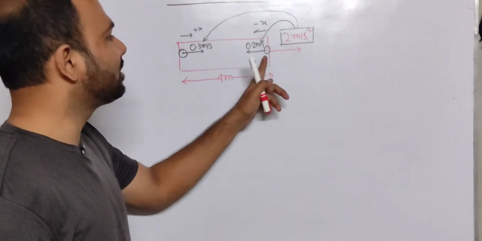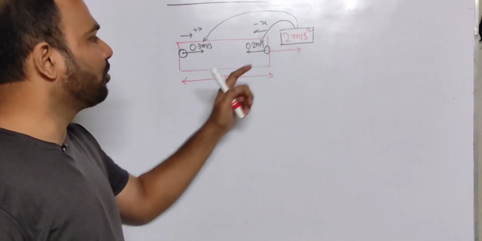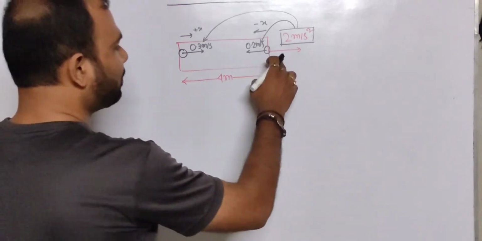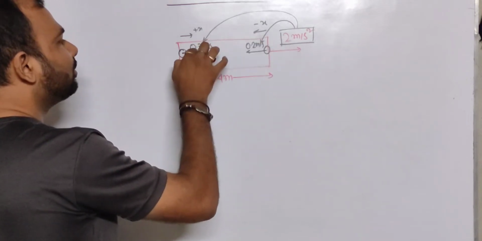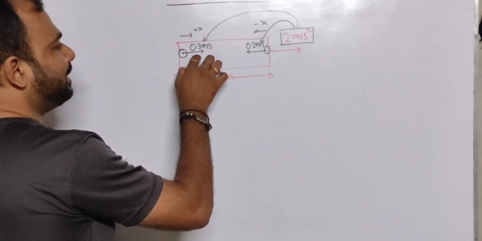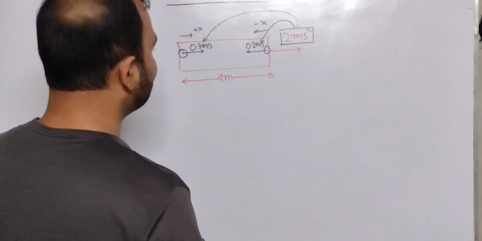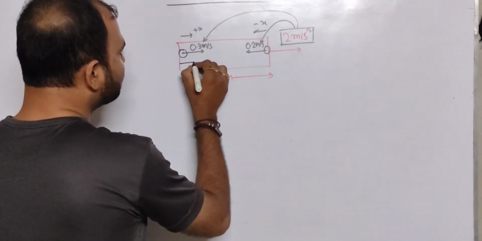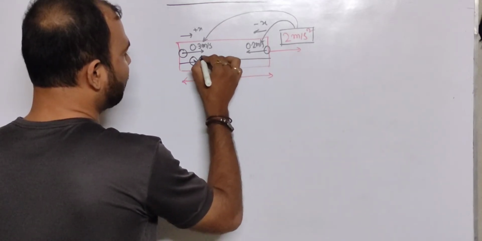So this acceleration and velocity are opposite in direction. That's why the speed of this ball will be very high, and it will decrease the speed of this ball because the direction of the motion is the same. So it will cover less distance and it will cover more distance, and they will get collided.